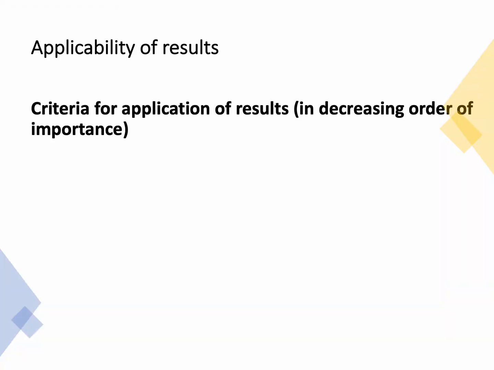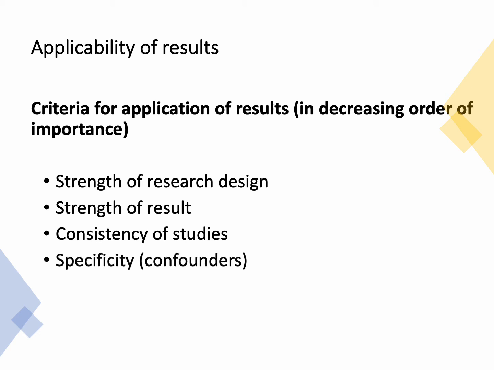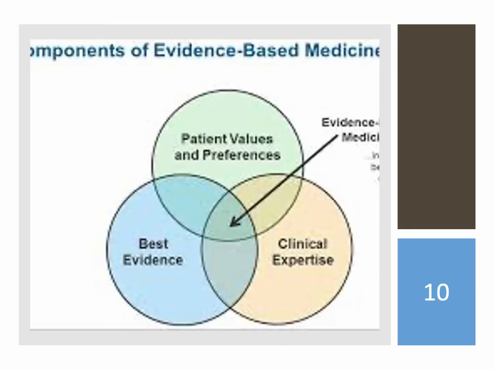So there are certain criteria for application of the result in decreasing order of importance. These include the strength of research designs, strength of result, consistency of study, specificity, and to consider confounders as well, and temporality or time-related factors.